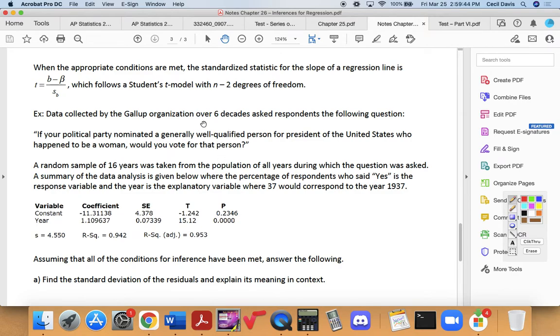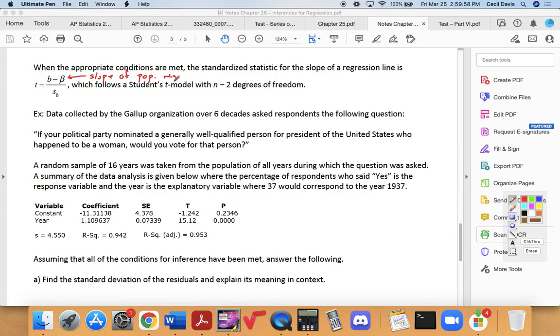All right. So beta, by the way, is the slope of the population regression line. So b is just the slope of the regression line for your sample. Oh, so then beta is for everybody. Right. Okay.